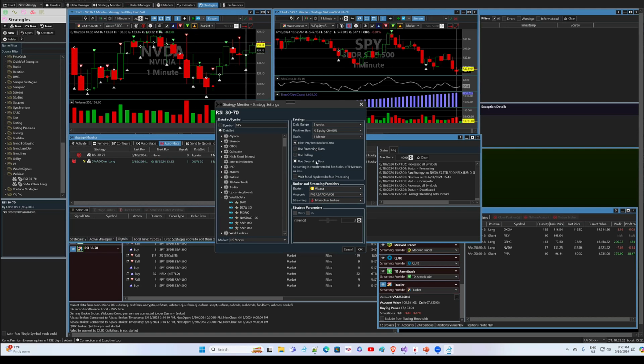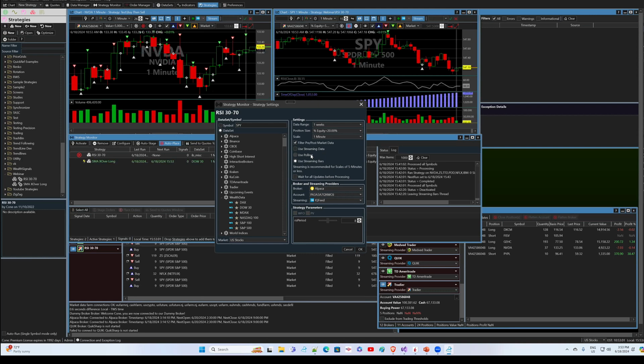So if your provider has an option for streaming bars, I would use it for 5 minutes and under. We tend to recommend 5 minutes and under for streaming data, right? But it also depends on the number of symbols. For example, if I were trading 3 symbols at 5 minutes, why not just use polling? It's going to be a pretty quick turnaround. So you've got to balance how many symbols you're trading and what interval you're trading with, and find the optimum configuration for your strategy.